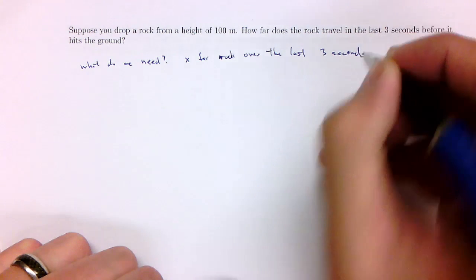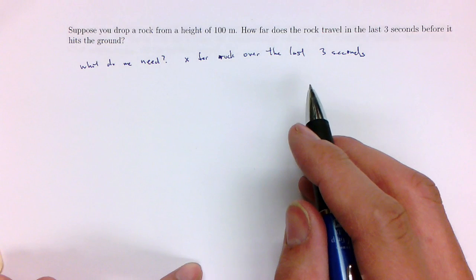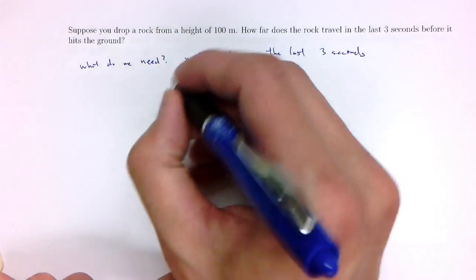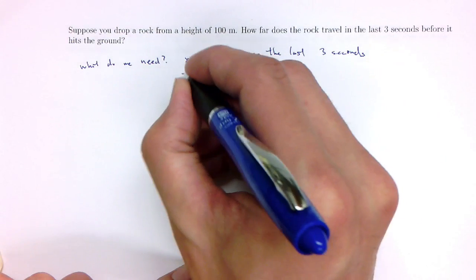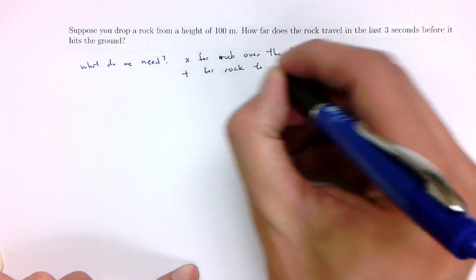This is important because what we really need to know as an intermediate step is the total time the rock takes to fall. So what we really need is the time for the rock to fall.